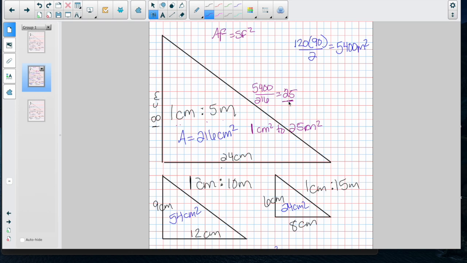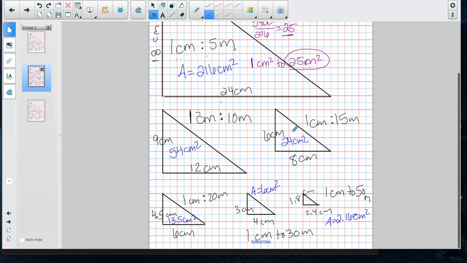And so knowing that can help me find my other areas. Because if I thought about 1 centimeter to 10 meters, that would be 1 square centimeter to 100 square meters.